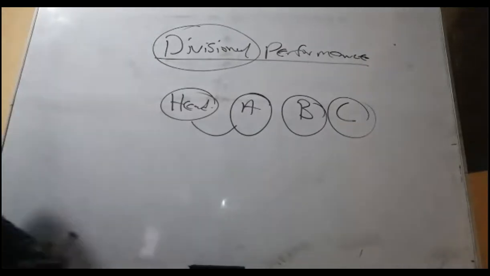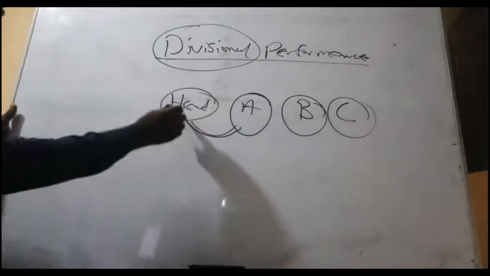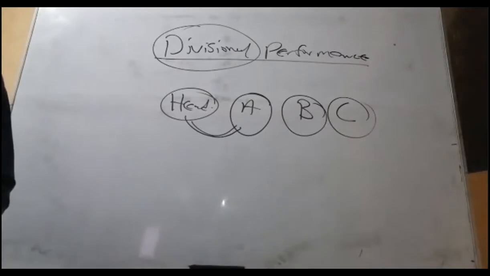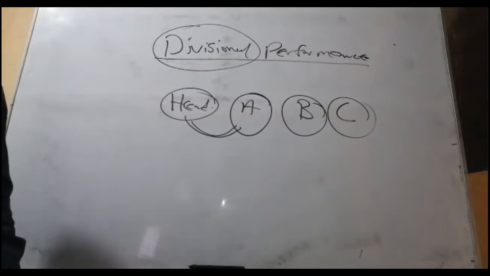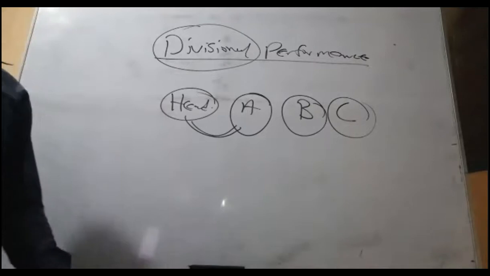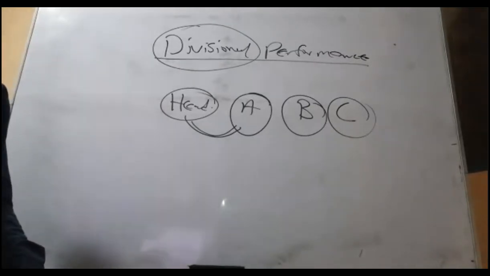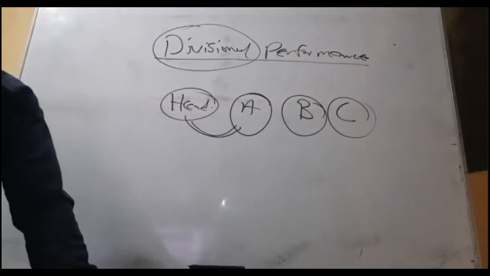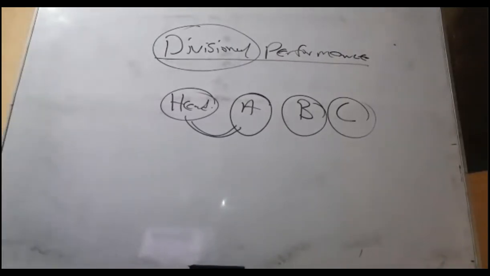That will be a division. But if you depend on the head office, you are not a division. You are a branch. You are just a branch, or just a mere department. But a branch can also be a division if and only if that branch is operating on its own. That is what we are talking about here. So basically, that's a division. Good. Now the division comes from decentralization.